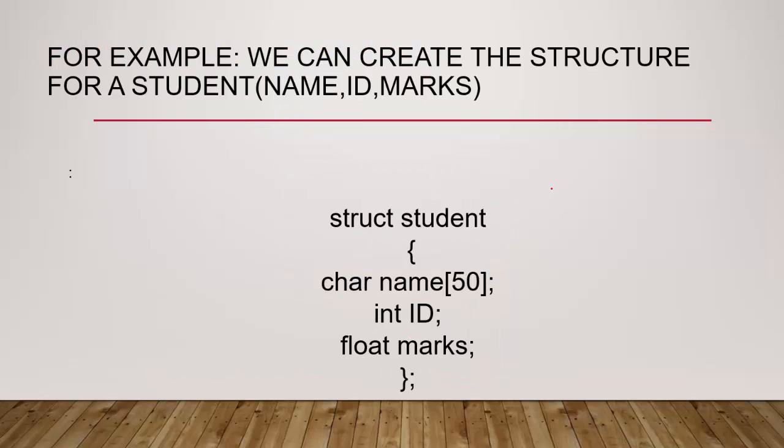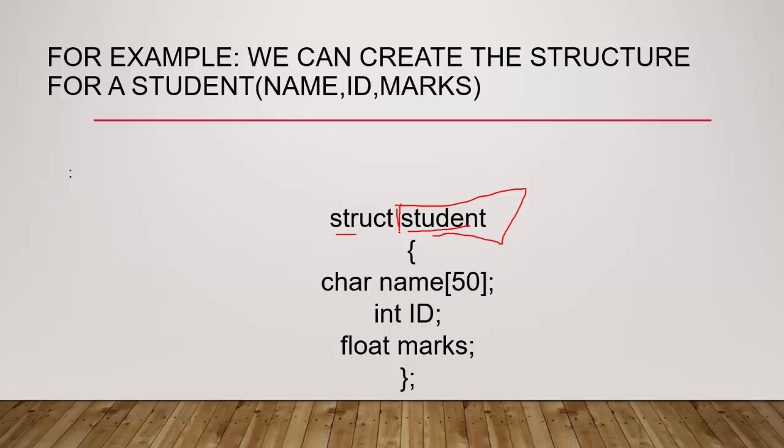An example can be like this one, struct student. For the name student, you can put any name that you want. It depends on what you are coding for. Hope you're understanding.